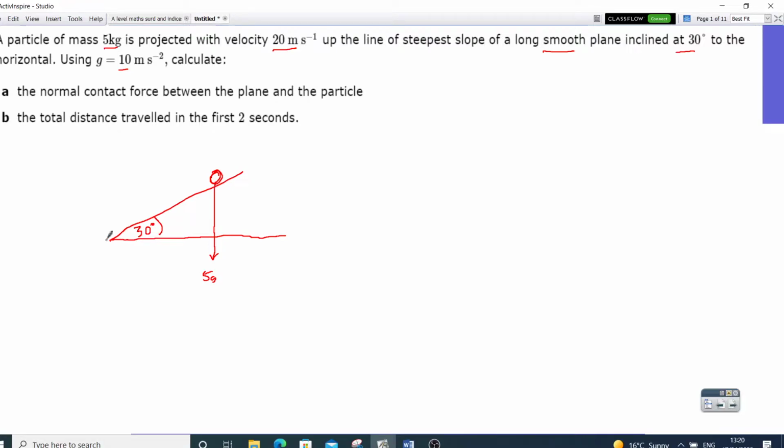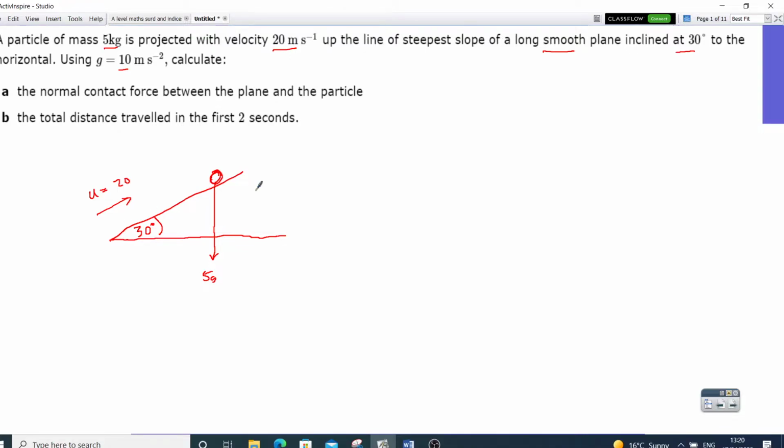Okay, and that's being shot up, so this particle is being shot up here at an initial speed of 20 meters per second. There's no other force acting on it other than the gravitational pull coming back down.